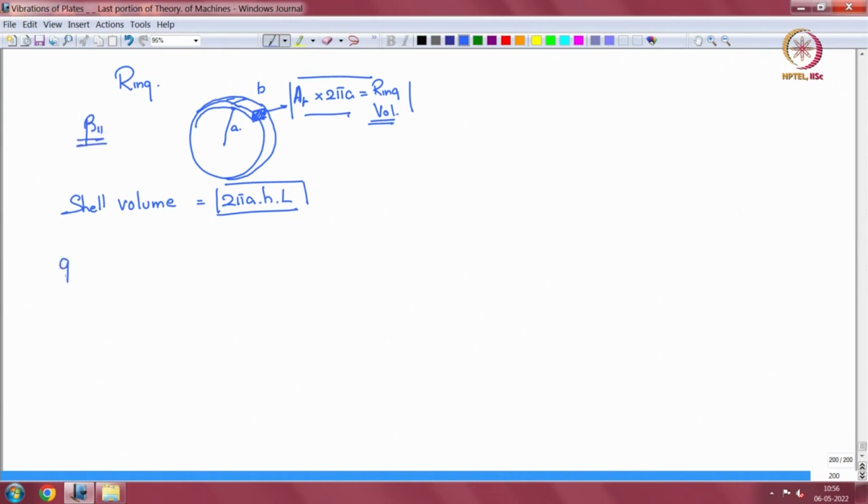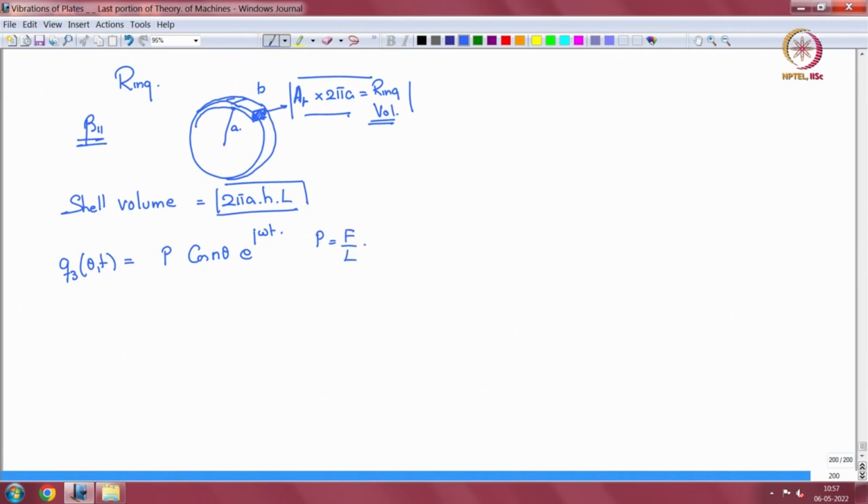So the Q3 that is going to be applied has to be again cos n theta: P cos n theta e to the power of j omega t. Here, because it is a one dimensional structure, P has units of force per unit length.